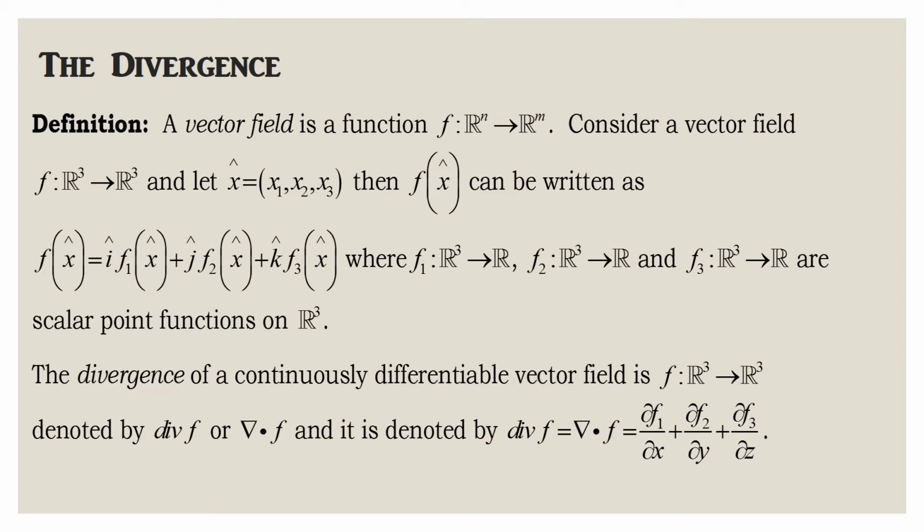The gradient operator is also a vector differential operator. It is denoted by del or nabla. The gradient operator applies on a scalar field and it produces a vector field. So, gradient applies on a scalar field and produces a vector field, whereas the divergence operator applies on a vector field and produces a scalar field.